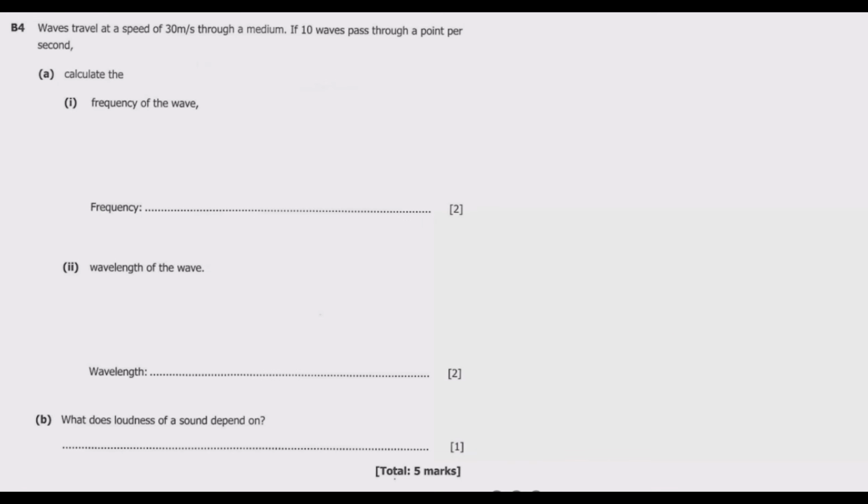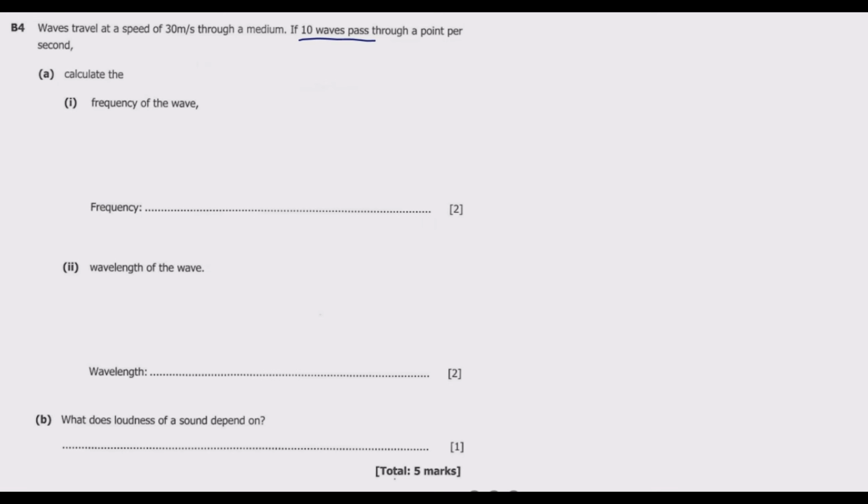Frequency is the number of complete waves generated per second. From what we have been given, 10 waves pass through a point per second, then we are asked to calculate frequency. So in this case, our frequency is just the number of waves passing through a point per second. So here we have 10.